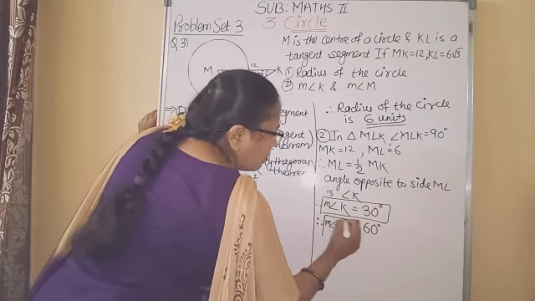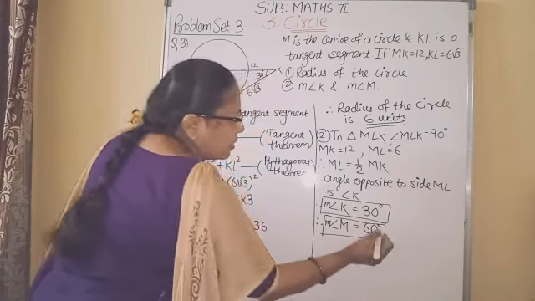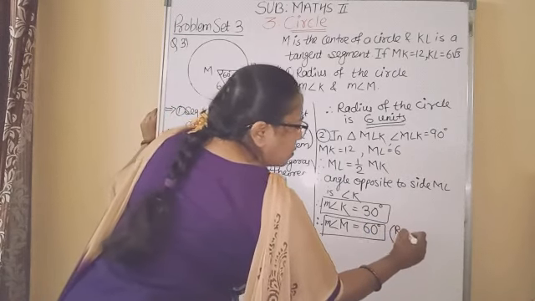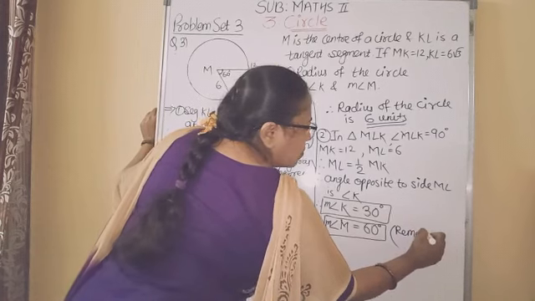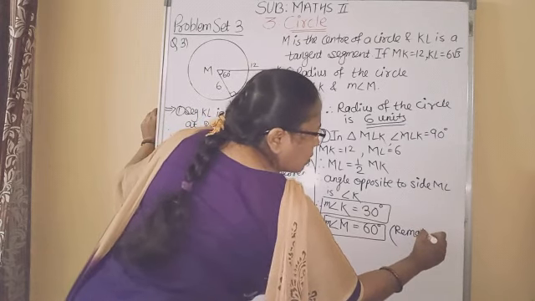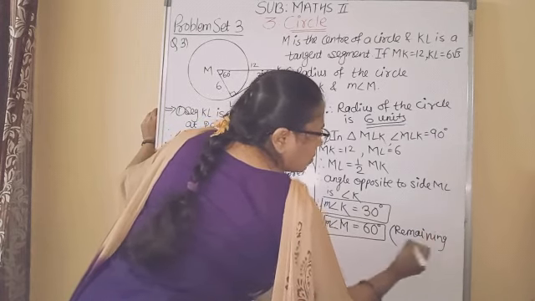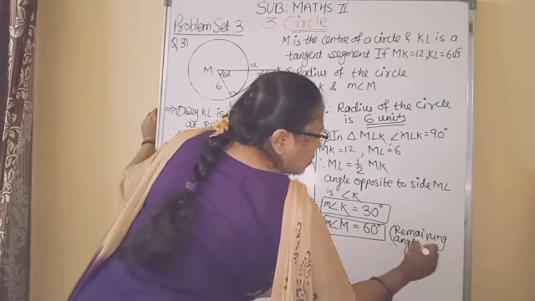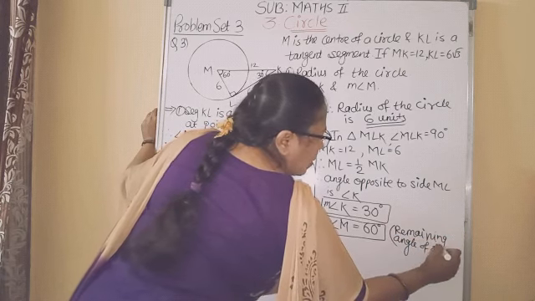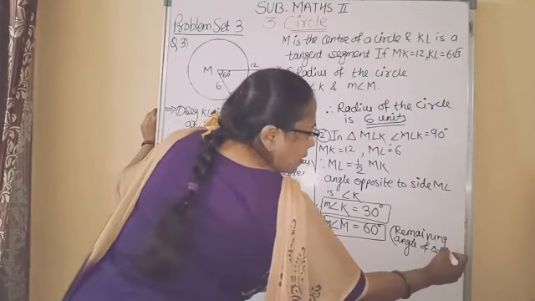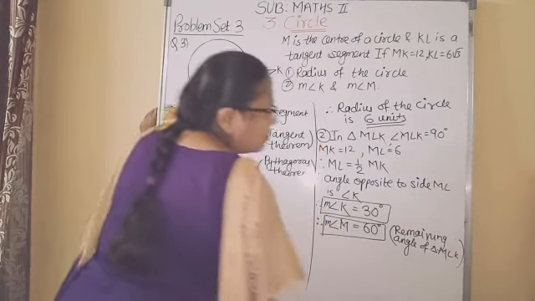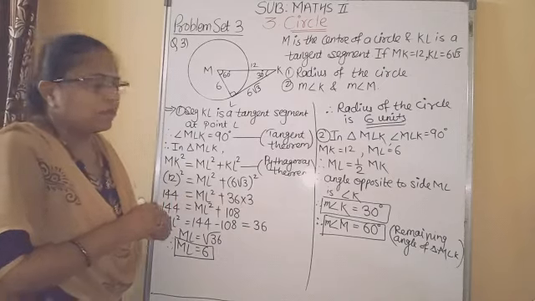Measure of angle M is equal to 60 degree, and reason we can write: remaining angle of triangle MLK. Follow?